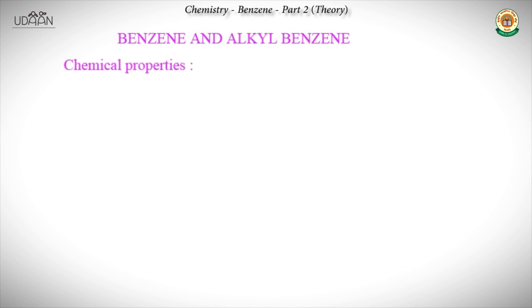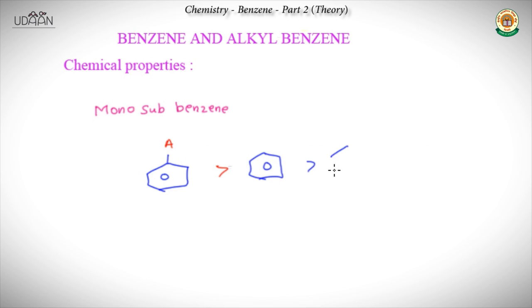Before moving on to the further reactions of benzene, let us study the reactivity of monosubstituted benzene. That is, how benzene reacts if any substituent is present on it. First thing is, whenever you have benzene with a ring activator present on it, it is more reactive than normal benzene, which is in turn more reactive than benzene with a ring deactivator.